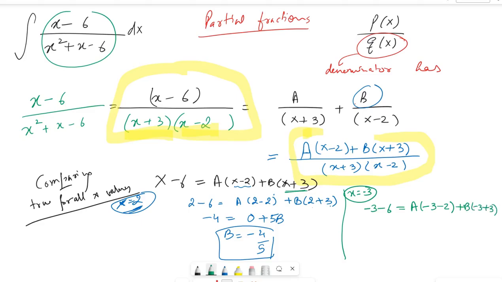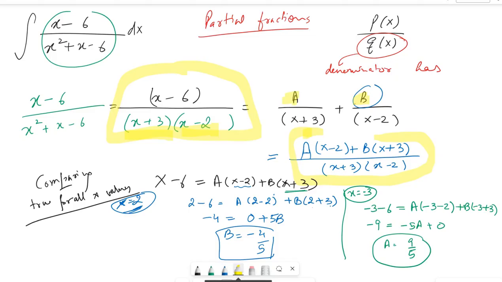Okay, let's write this down. Negative 9 equal to negative 5a plus negative 3 plus 3 would be just 0. So that means a can be 9 by 5. So we found both the constants here, a and b.